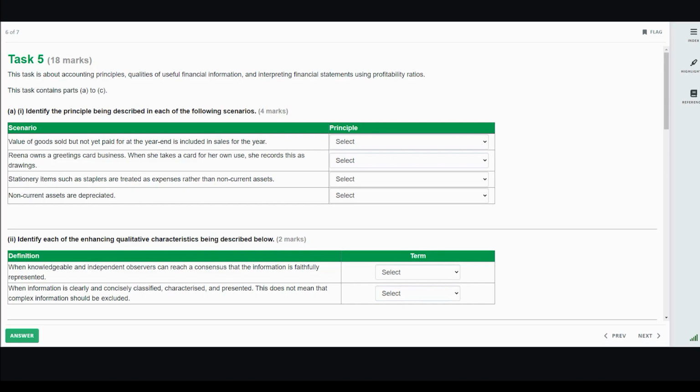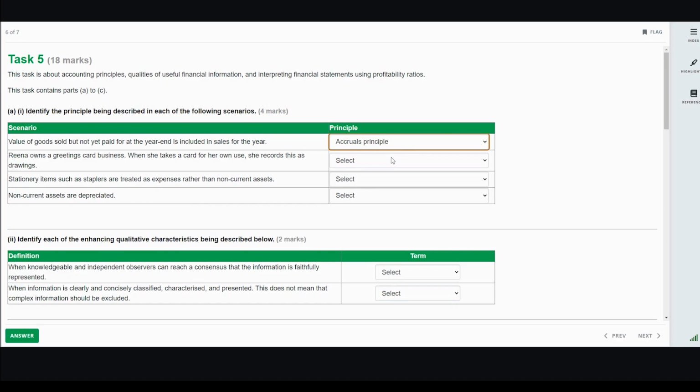So sales that relate to financial year 2023, for instance, have got to be shown in 2023, but they may not be paid until 2024. So it's got to be in the year that the item took place. So this would then be called the accruals principle. So we are making sure that everything relates to that financial year.